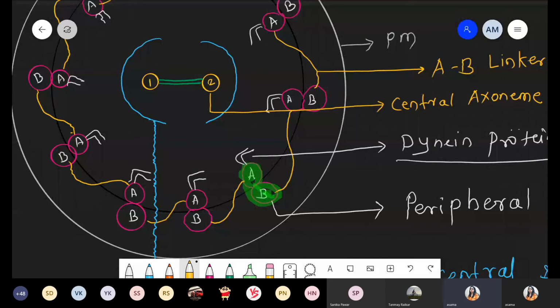The central axoneme is covered with a protective layer, this layer represented by this blue color, and that protective layer which covers the central axoneme is called the central sheath. Got it? Sheath means what? Covering layer. It is a protective layer.